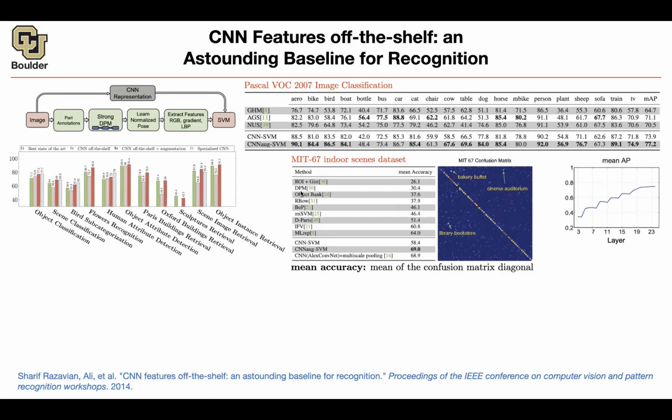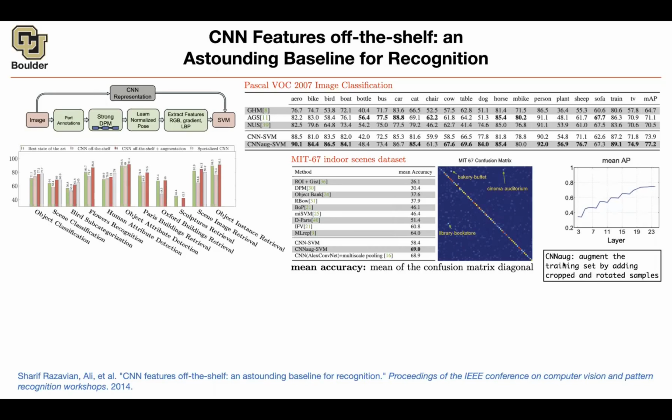You can have indoor scene classification. Indoor scenes are important for robots. And again, the CNN SVM with augmentation is doing the best. Let's take a look at the confusion matrix. These features are confusing a bakery with a buffet, a cinema with an auditorium, and a library with a bookstore. So even the mistakes are not that bad.